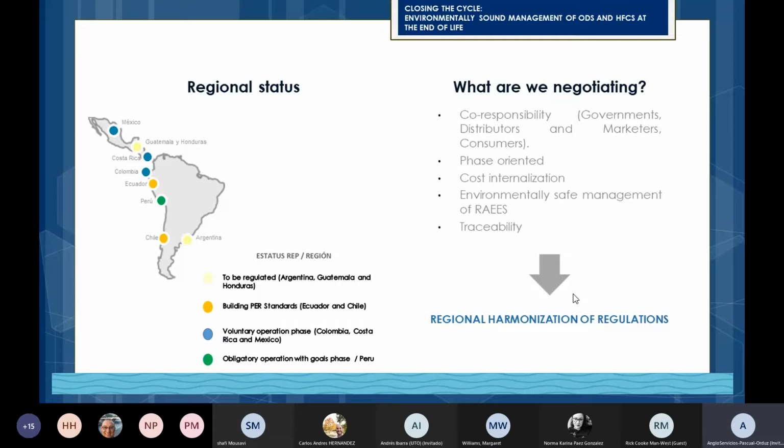So what are we negotiating as Mavi, an industry, and as a sector in each one of these stages? Well, to begin with, we're promoting the co-responsibility of all stakeholders and interested parties. That's something Nidia also mentioned. The responsibility is extended to the producer, but it's not exclusive to producers.